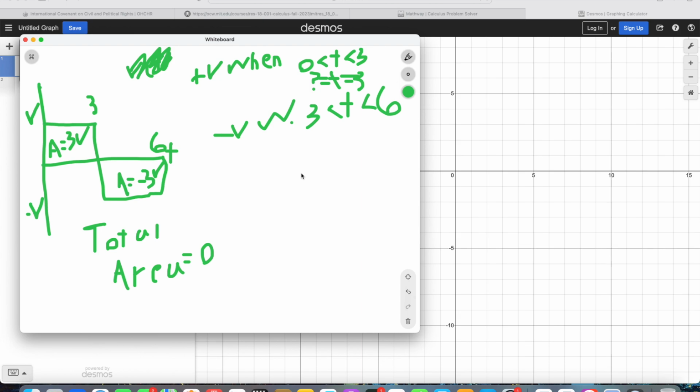Now if we're looking for the distance formula, we can actually do it logically if we look at this. The man is going forward and backward for the same amount of time at the same speed.